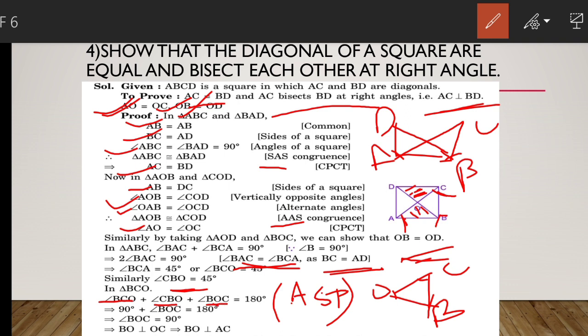If we transpose the 90 to the other side, we get angle BOC is equal to 90. So we can see that the angle at O is 90 degree. Since the angle at O is 90, we can say OB is perpendicular to OC, which implies that BD is perpendicular to AC.